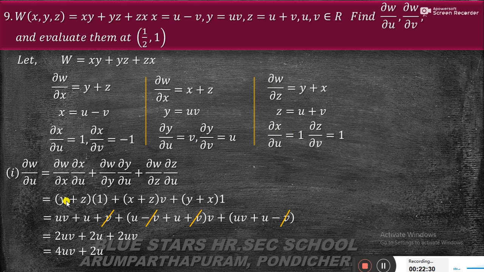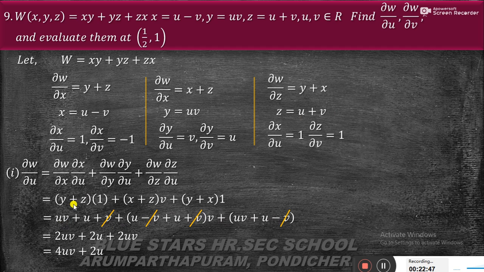Now the y equation is uv, plus z, where z equal to u plus v, I substitute, plus x is u minus v, plus z value u plus v, into v, plus y value uv, plus x value u minus v.